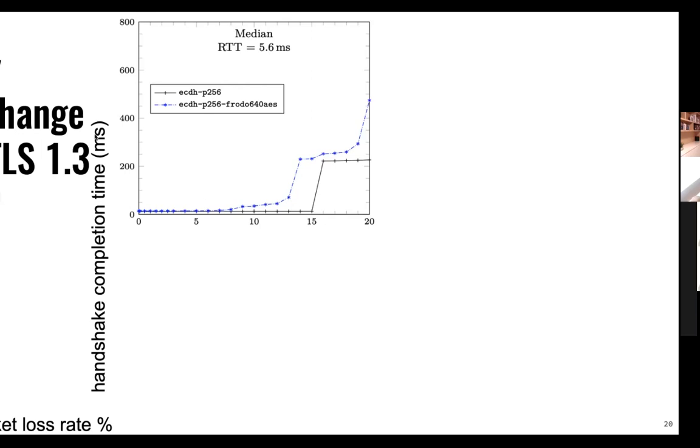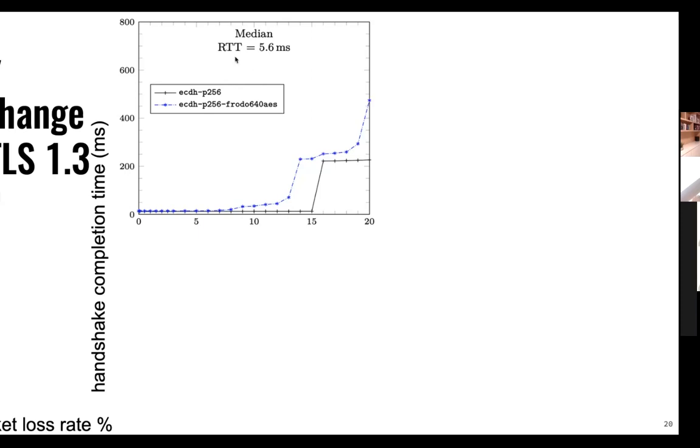And so we can see that the performance in terms of network handshake completion time of Frodo and plain ECDH track very closely for packet loss rates up to about 8%. And we start to see a bit of divergence. And as we get to around 14%, we see a spike in the handshake completion time of Frodo, and it continues to stay elevated significantly compared to the elliptic curve NIST P256 key exchange.